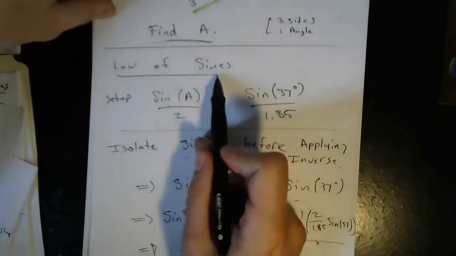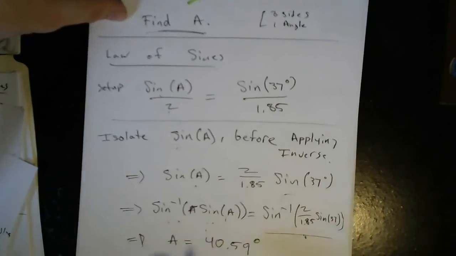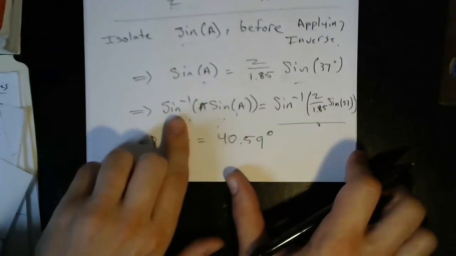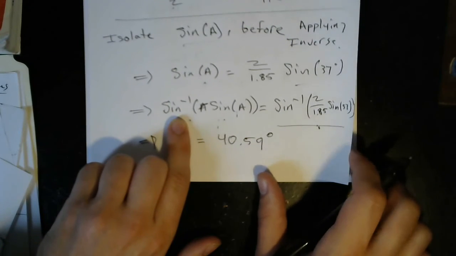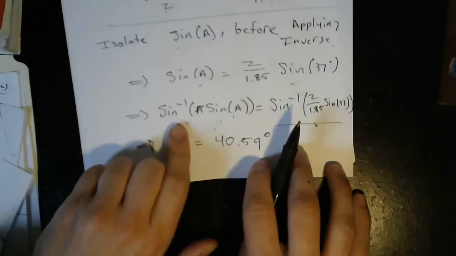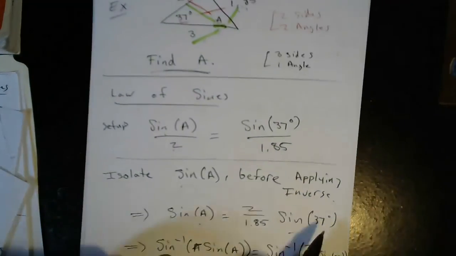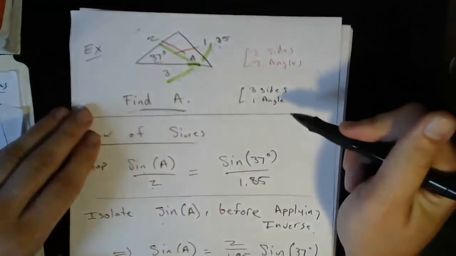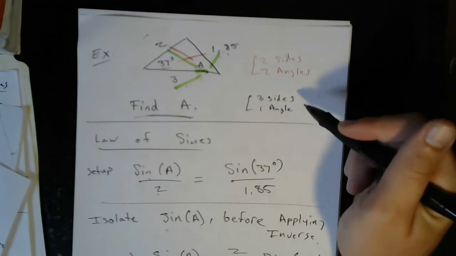There are cases where the law of sines will actually miss a second angle. Sine inverse will only give you a number between 0 and 90. It won't go past 90. And so because of that, sine inverse can miss a second case in some examples. So the law of cosines is a little bit safer mathematically to use than the law of sines.